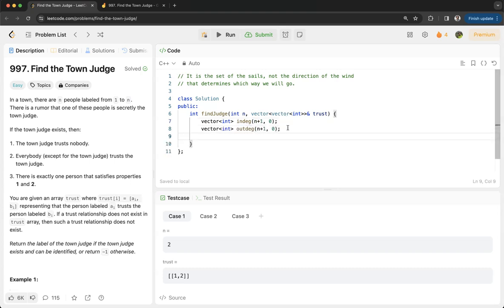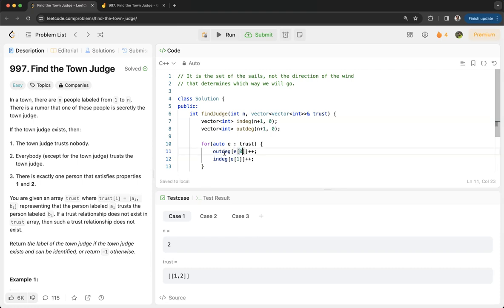And what we need to do is just iterate through this trust. So it's going to be for auto, we have an edge. And then we will increase in degree and out degree of the corresponding nodes. Sorry, in degree of e1 and out degree of e0.